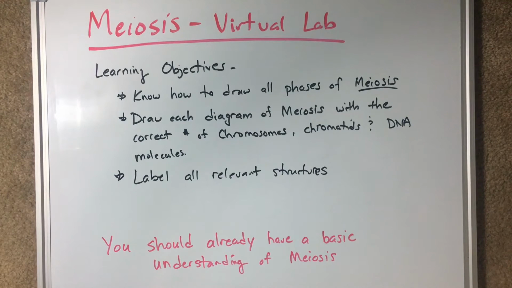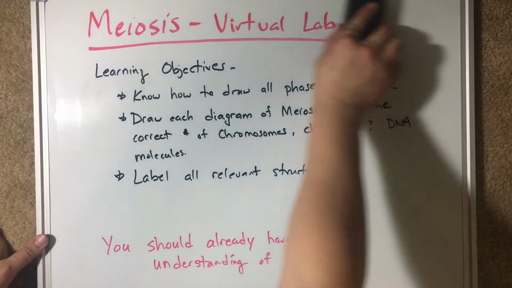If you don't have this basic understanding yet, I recommend that you check out some of the online YouTube videos, or maybe discuss this with your instructor, or read up about it in your biology textbook. Okay, but this virtual lab is just strictly for students who want to know how to draw each of those phases of meiosis. That's it. Okay, so let's go ahead and get started.